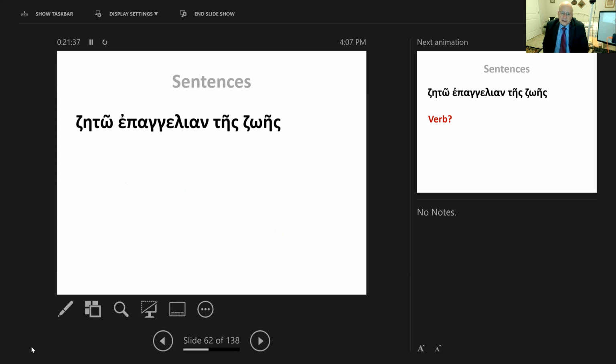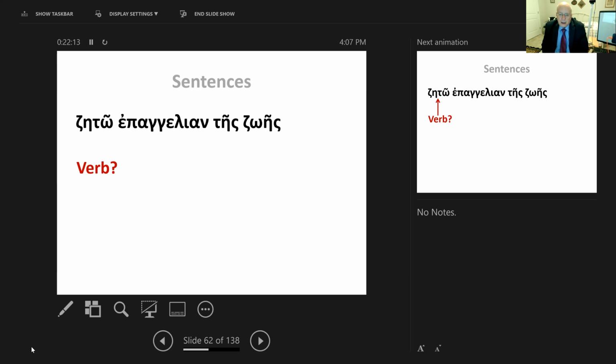Let's take this sentence. Go for the verb first. Notice, zētō. Zēteō has contracted to zētō, and it means I seek or I am seeking. Either translation is acceptable. Now the subject is I. I don't need to look for a subject any further because it won't change this. First person singular I has to be I. I am seeking or I seek, but what am I seeking?